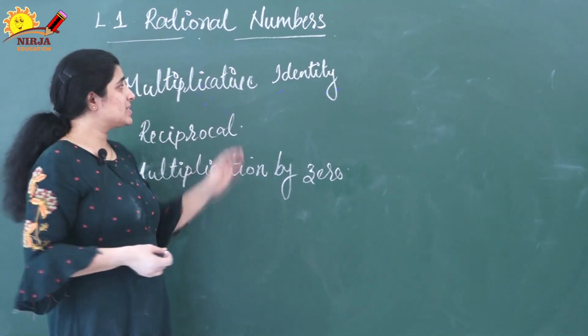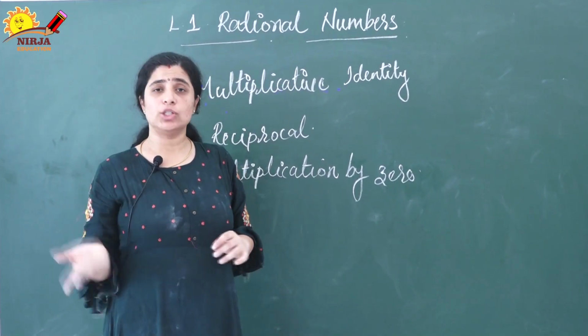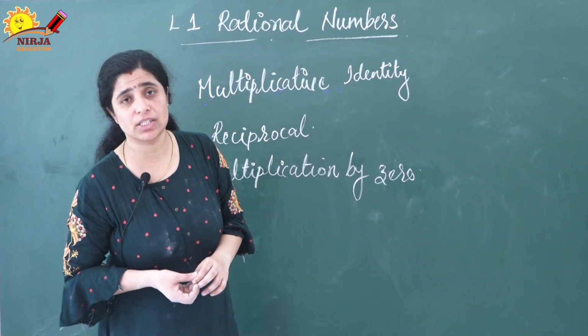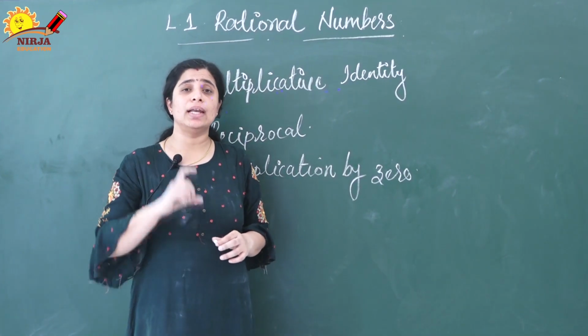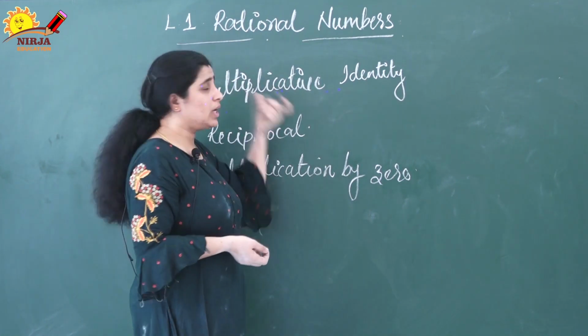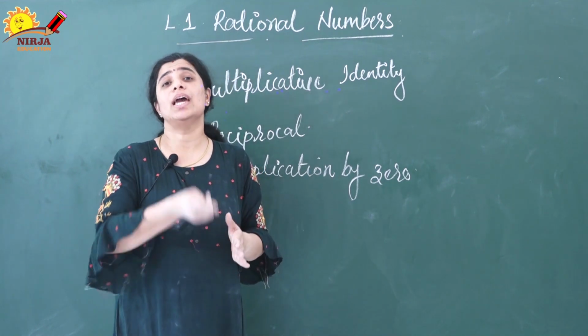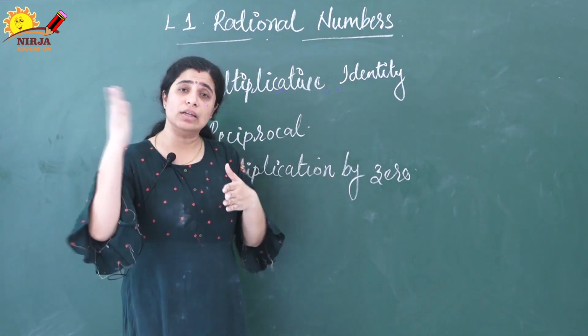Next we will discuss the multiplicative identity. In addition, we have already discussed the additive identity. What was the additive identity? Yes, when you add 0 to a number, you are getting the same number. In this way here also, when you multiply a number by which number? Yes, by 1, you are getting the same number.